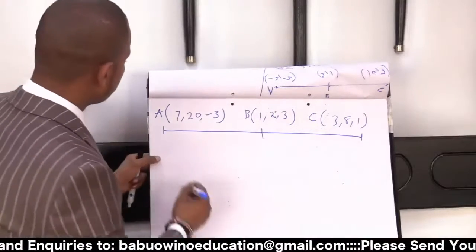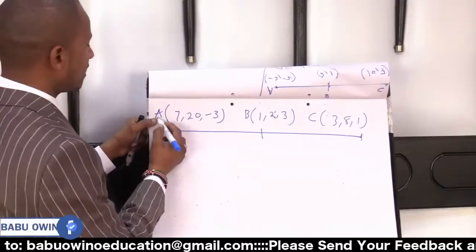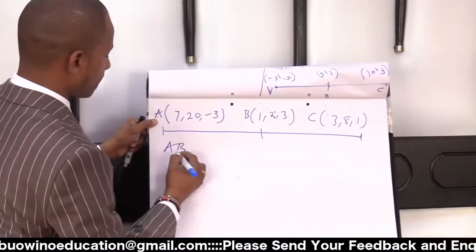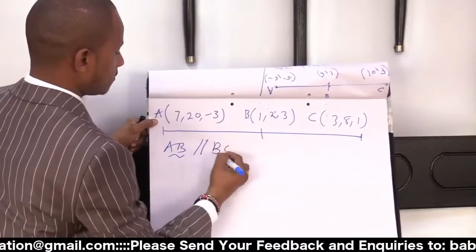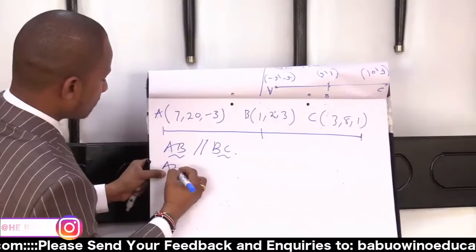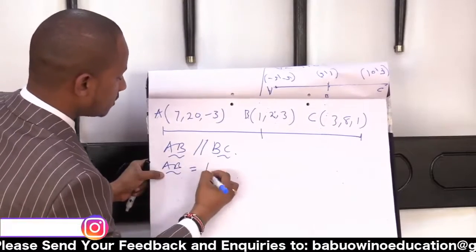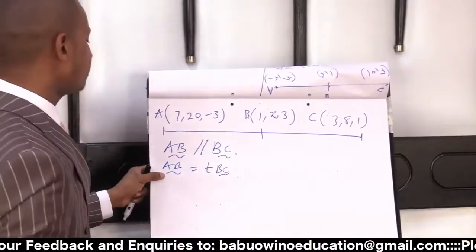So the first thing you say, you prove that they are parallel. To prove that they are parallel, you say AB is parallel to BC. So AB equals a scalar multiple of BC.